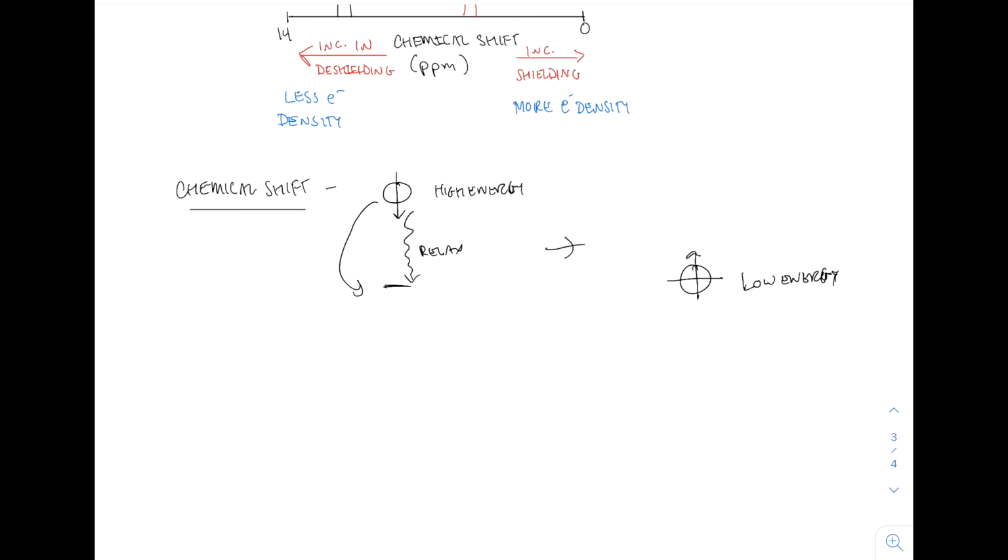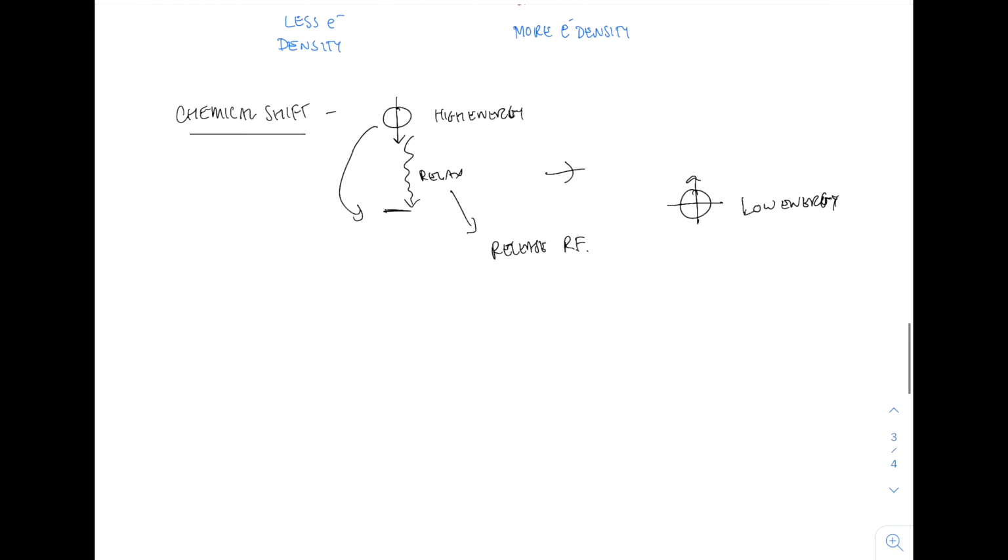And when it does relax, it releases that radio frequency, the RF, and that's pretty much what we're observing with our instrumentation. And when we observe that, it gives a very specific chemical shift.